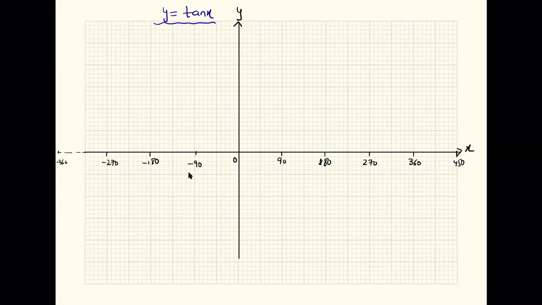Now I know that at 90 degree my function was not defined, so I'm going to draw a vertical dashed line indicating that my function is not going to have any value at this point.